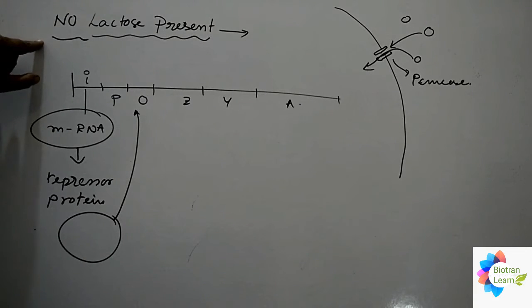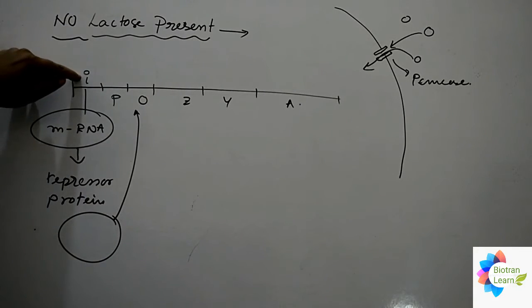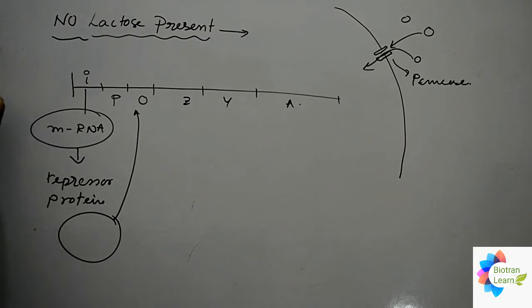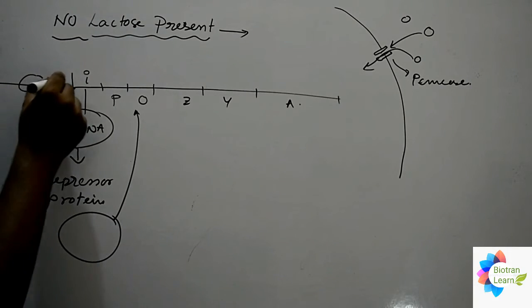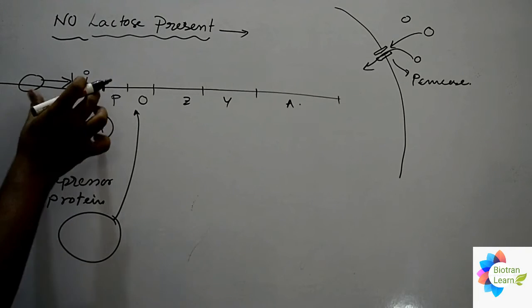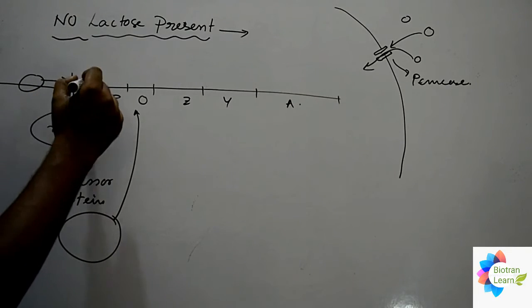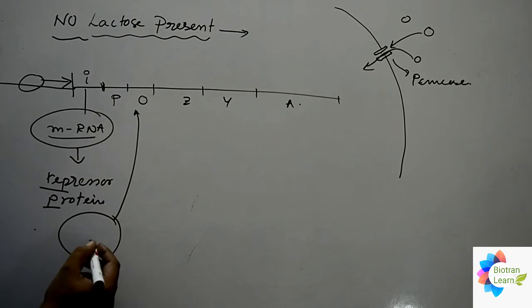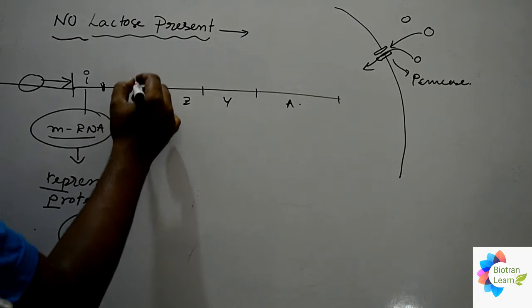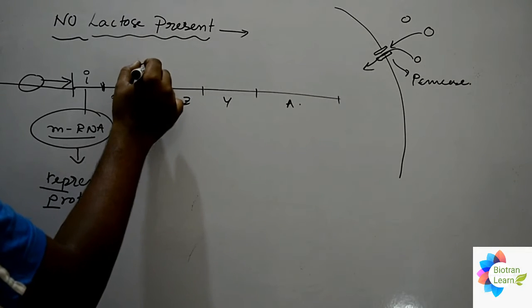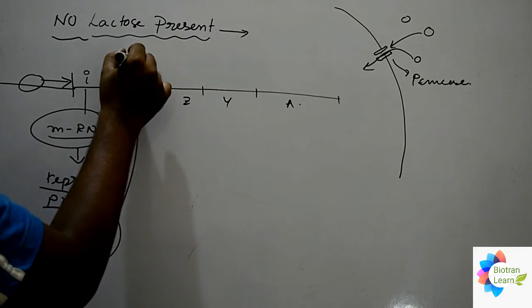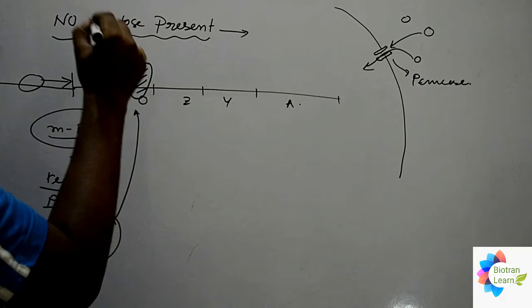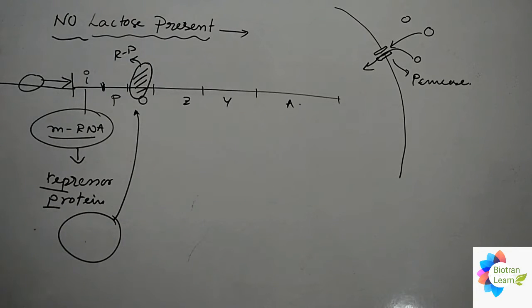In the absence of lactose, what would happen? Another gene regulation will show a particular movement towards this gene sequence, and it will produce the required mRNA for the repressor protein, and that repressor protein will bind to this operator sequence. So this is the RP, the repressor protein.